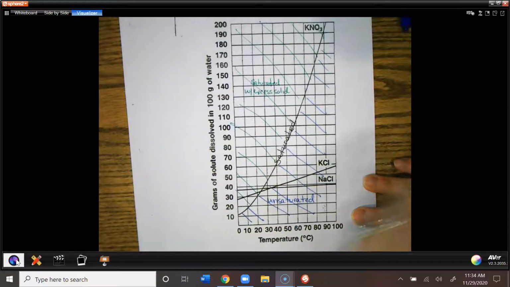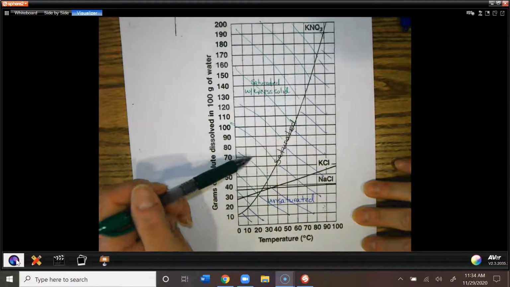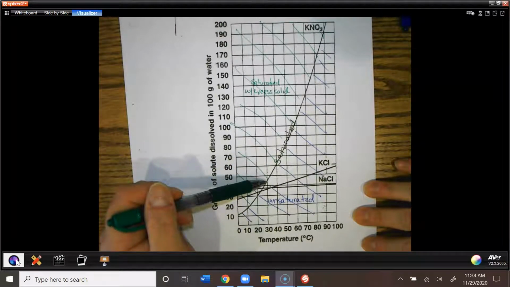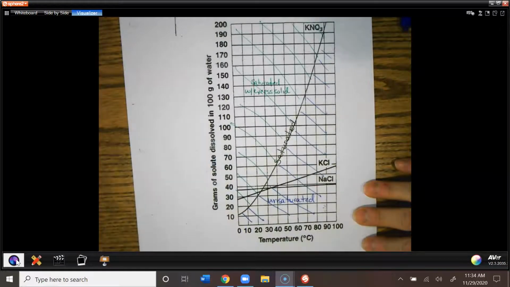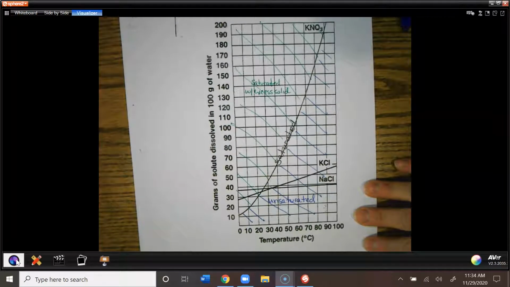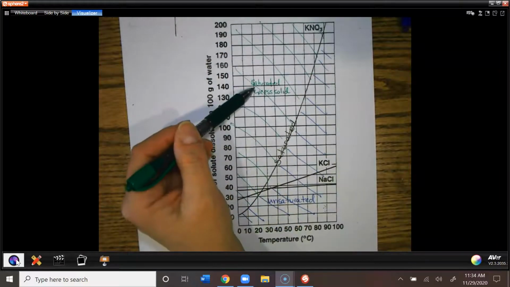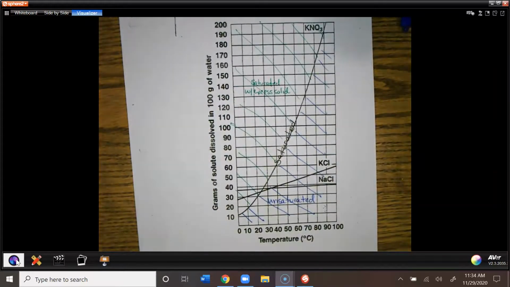So what I mean by that is, if I have that 30-degree water, but I try and dissolve 70 grams in it, 45 will dissolve, but the other 25 will stay as a solid sitting on the bottom of the beaker or the test tube or wherever it is that you have the solution. Okay, so usually when you are above the line, what you have is a saturated solution with excess solid. So you have the maximum of solute dissolved, but then you have extra solids sitting in the beaker.